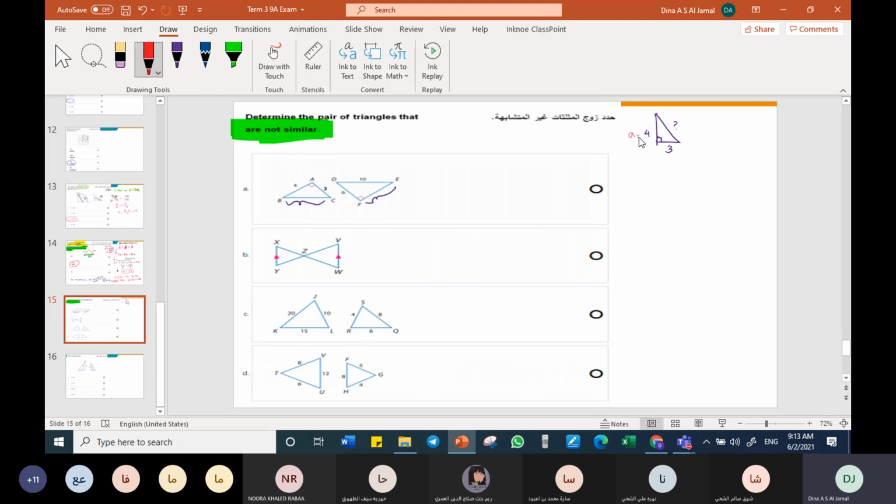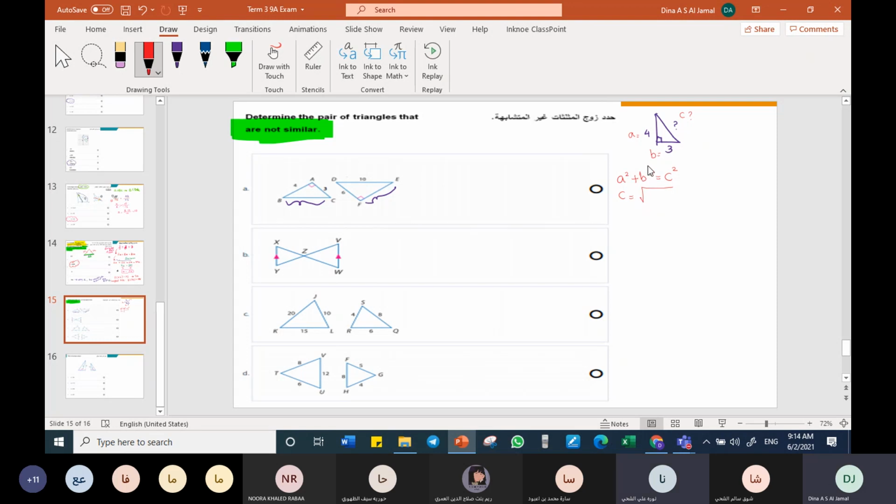I will call this A, I will call this B, and I will be finding C, which is the hypotenuse. A squared plus B squared will be giving you C squared, which is this side. Now, if I want to have C alone, that means I need to take the square root of both sides.